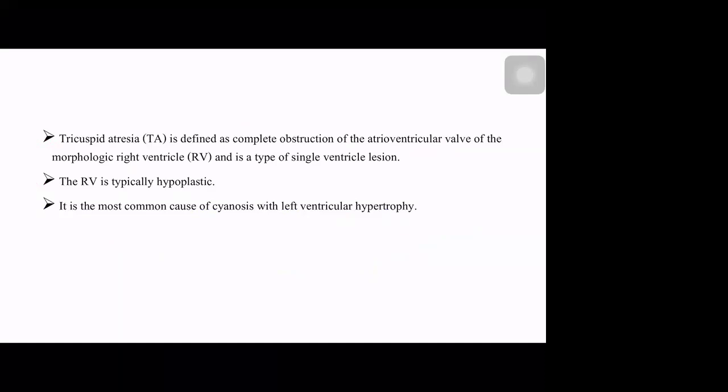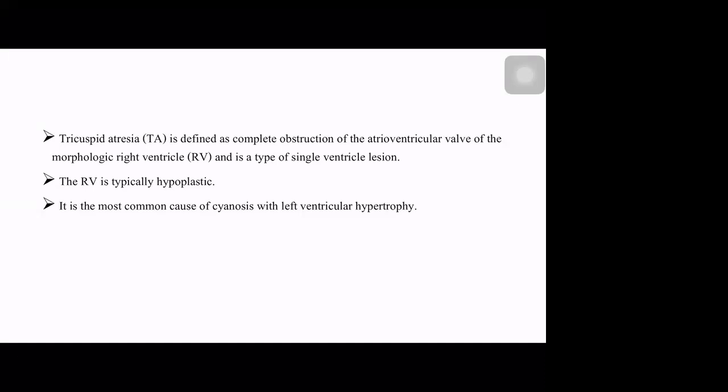Tricuspid atresia is defined as complete obstruction of the atrioventricular valve of the morphologic right ventricle, and it's a type of single ventricle lesion. As there is no direct communication between the right atrium and the right ventricle, the right ventricle gets a lesser amount of blood, so typically it remains hypoplastic.